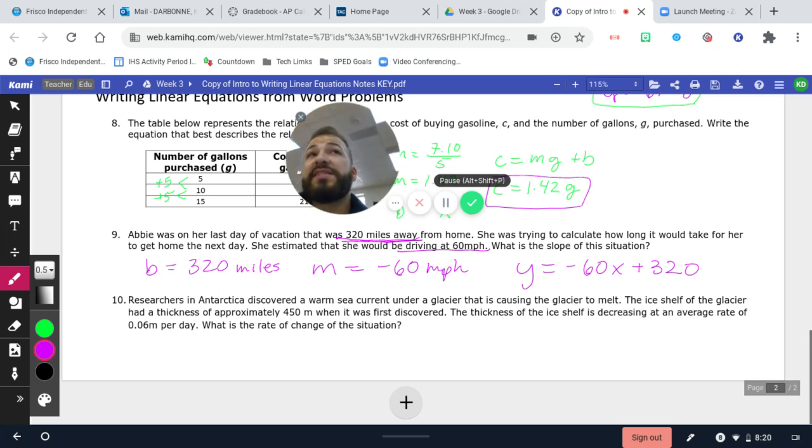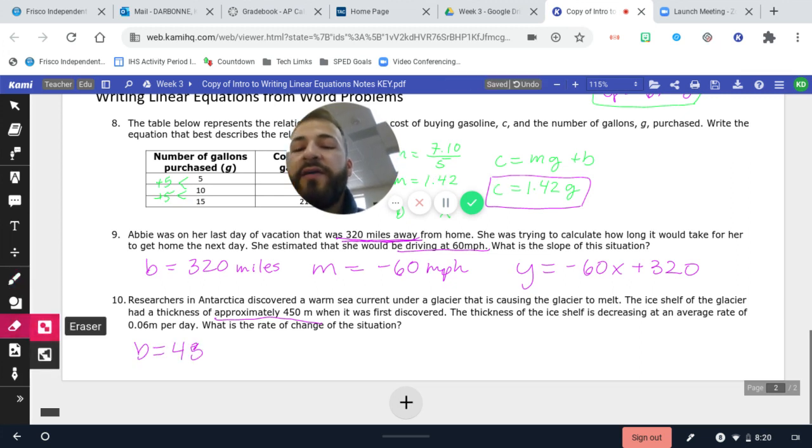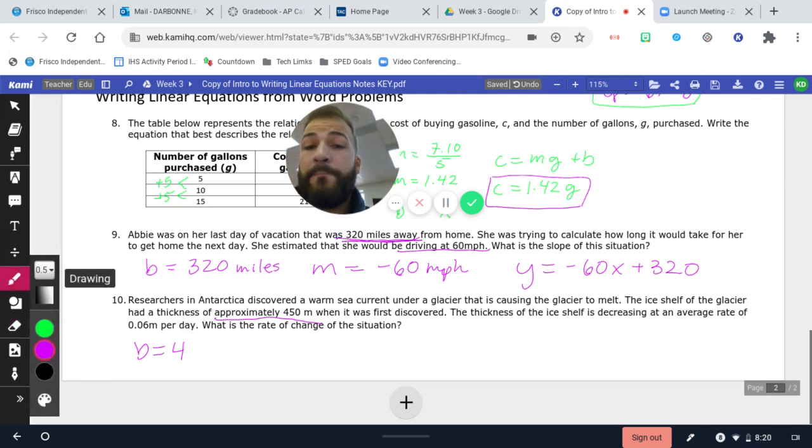The ice shelf of the glacier has a thickness of approximately 450 meters. So that's its starting thickness, its starting value. So b is equal to 450 meters. Then anything where we see a rate of change, so a per, each, or every, we see decreasing at an average rate of 0.06 meters per day.